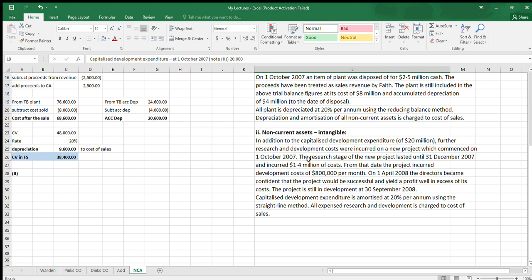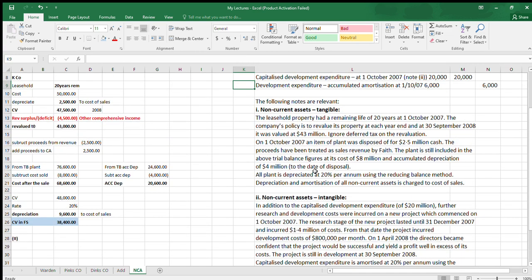That's the research stage of the new project. For that 3 months, there was a research of 1.4 million. So it is not going to be capitalized. This one, the basis from FA, you have to know. It is going to be expensed.